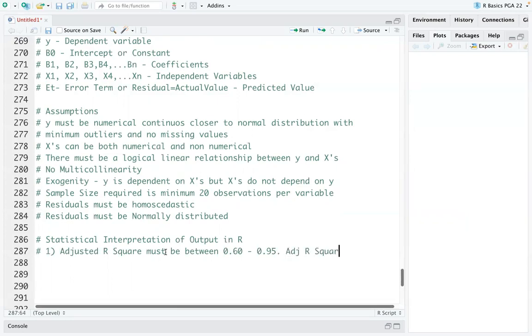Adjusted R square explains the amount of variance occurring in the dependent variable caused by the model or the variables.